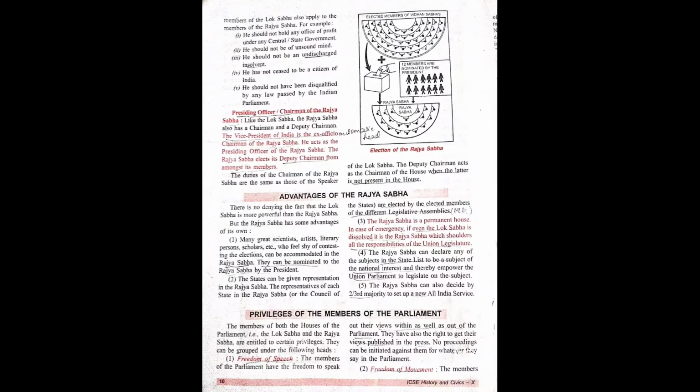The Vice President or the ex-officio chairman of the Rajya Sabha is elected by the Electoral College comprising the elected members of the Rajya Sabha and the Lok Sabha, while the Deputy Chairman is elected from among its members. The duties of the Chairman of the Rajya Sabha are the same as those of the Speaker of the Lok Sabha. The Deputy Chairman acts as the Chairman of the House when the latter is not present in the House. Advantages of the Rajya Sabha.